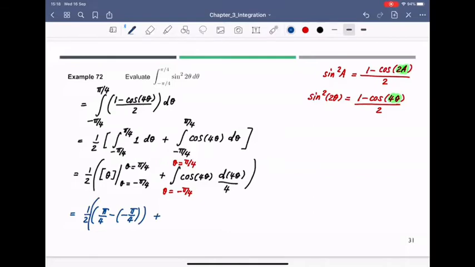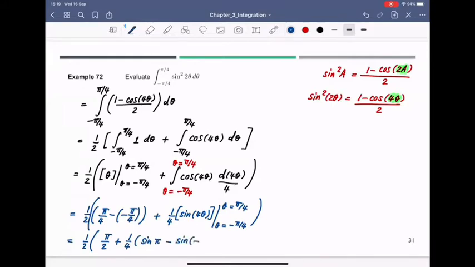Then plus a quarter times the integral of cosine 4 theta d of 4 theta, so you get sine 4 theta, evaluated at theta equal to pi over 4 minus theta equal to negative pi over 4. Then you get 1/2 times pi over 4 times 2, which is pi over 2, plus a quarter times sine pi minus sine negative pi.